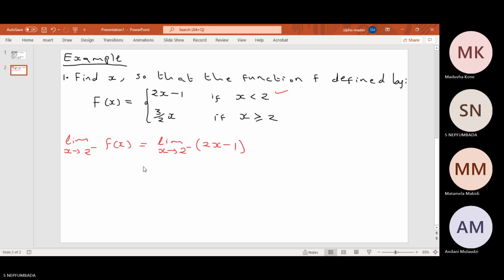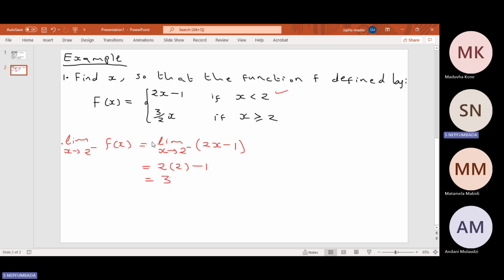So now our limit approaches 2. It means we are going to put 2 there, and subtract 1, and this is going to be equal to 3.